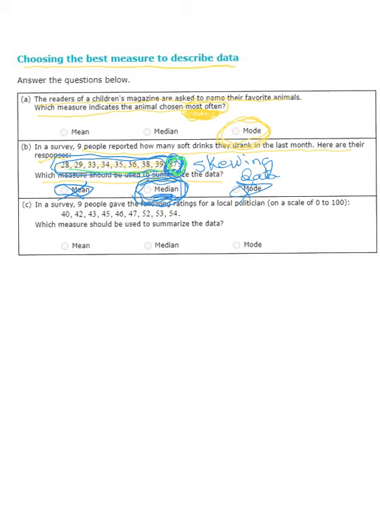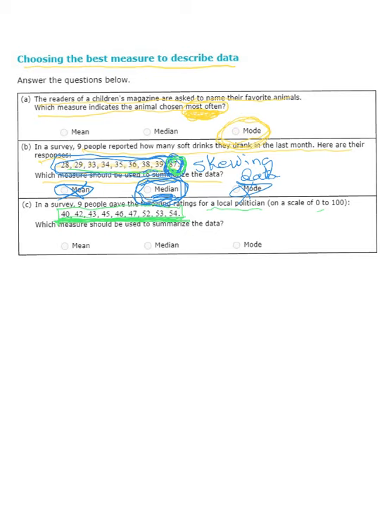All right, let's look at this last one. Here you got 9 people. They give the following ratings for a local politician on a scale of 0 to 100. So if I'm looking at these numbers, there's not one that's an outlier, is what we'd call a number like 87 was up here. These numbers all look to be about in the same neighborhood.